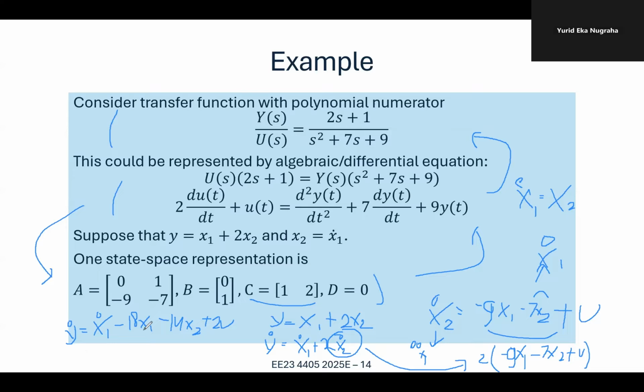Then we get that x1 dot here, this could be moved from this equation to the following equation.